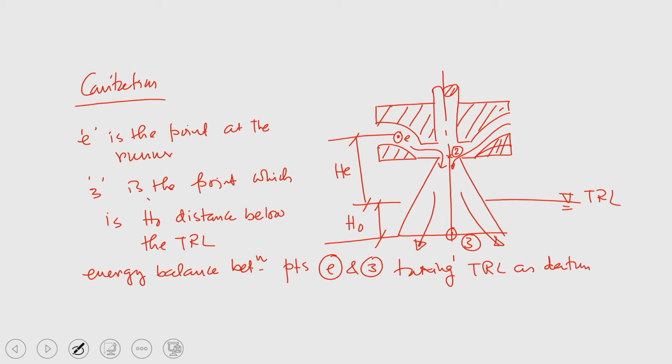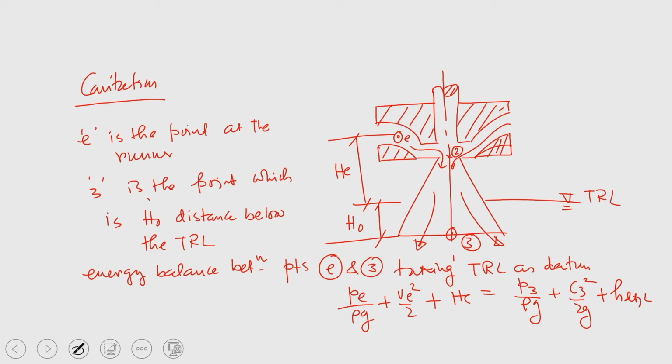We can write P by rho g plus V square by 2 g plus H e equal to say P3 by rho g and C3 square by 2 g plus H draft tube loss. So, this is the energy balance equation I can write.